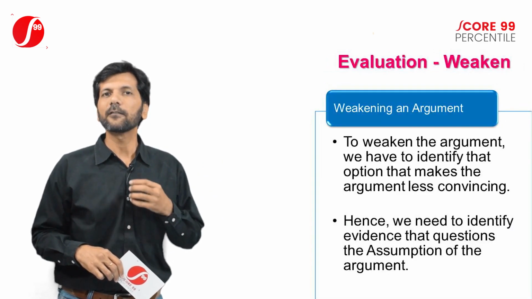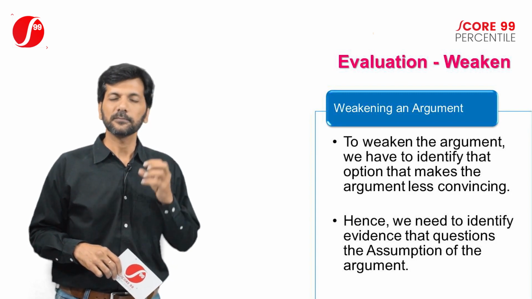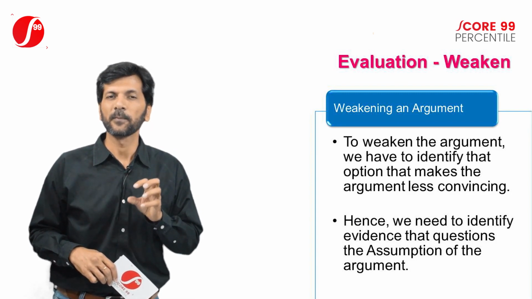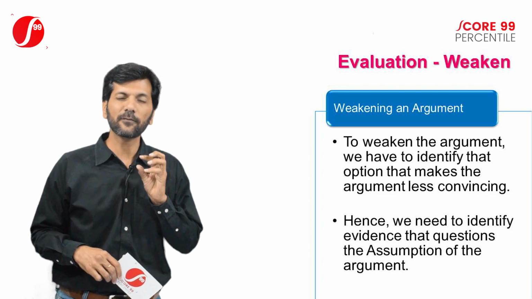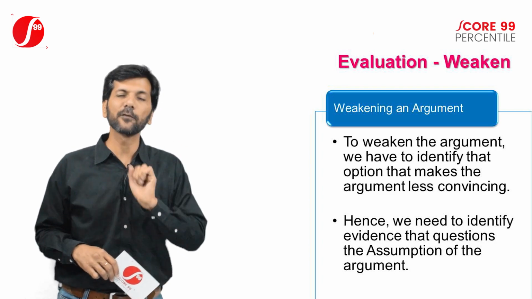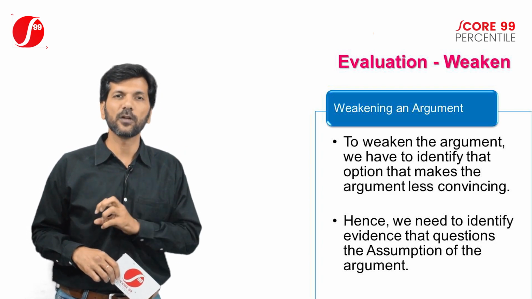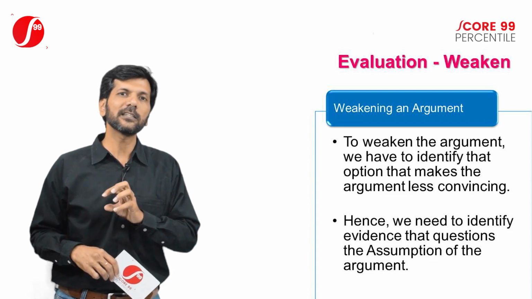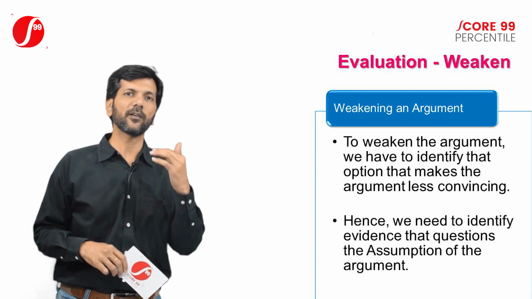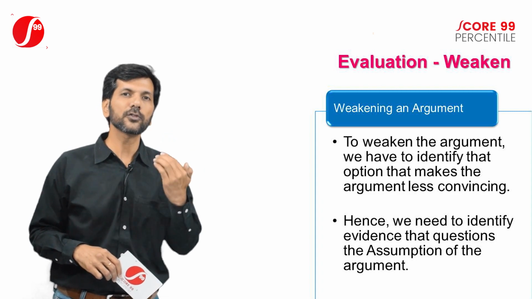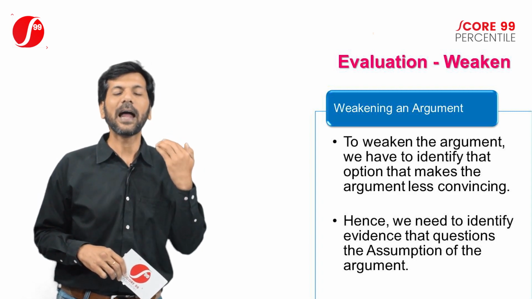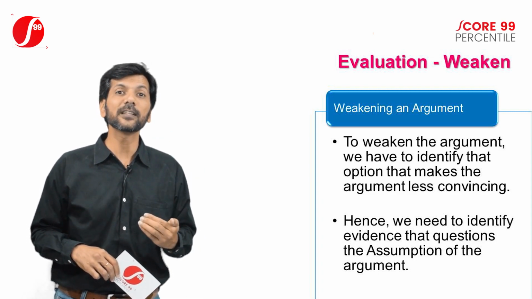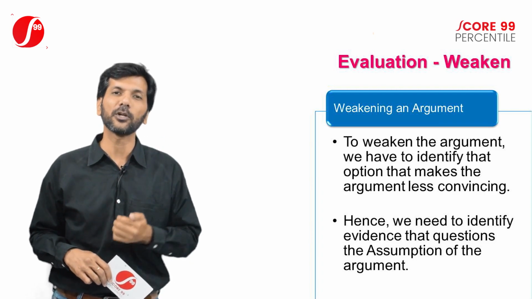If you look at weakening the argument part, the approach remains the same. For strengthening and weakening, you first have to spot the logic of the argument, the line of reasoning, and the assumption of the argument. Just as you targeted the assumption of the argument for strengthening and tried to give it more support, here also you will target the assumption of the argument and see what sort of evidence can question the validity of that particular assumption.